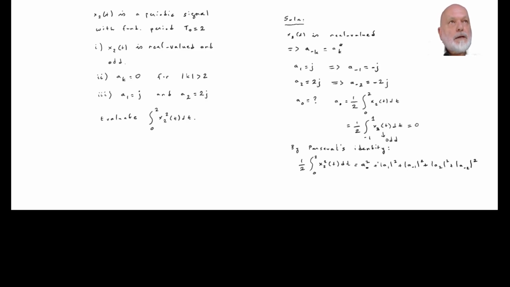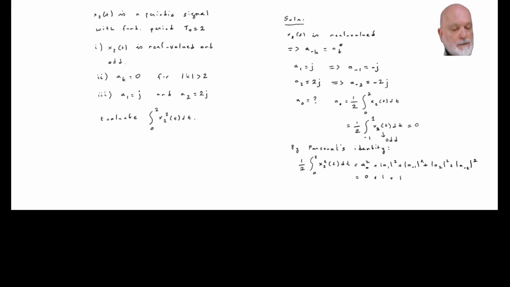Now, it is important that we always remember the following. For Fourier series coefficients, even for real valued signals, the Fourier series coefficients turn out to be complex in general. So in Parseval's identity, on the right-hand side, we have sum of the modulus squares of the coefficients. So this turns out to be a0 is equal to 0, a1 is j, so its magnitude squared is 1.